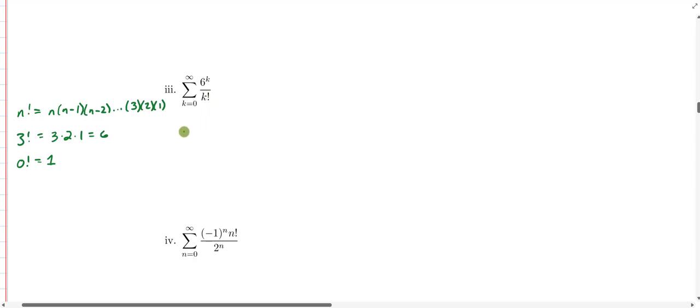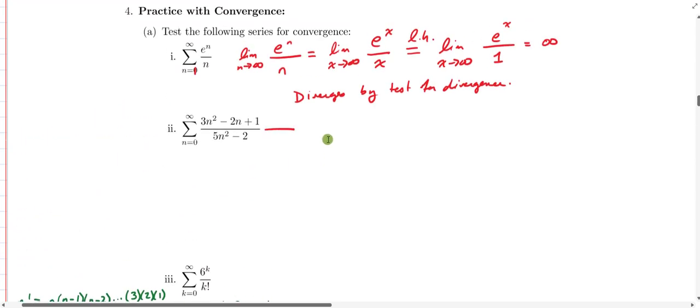The ratio test says what we're going to do is look at the limit as k goes to infinity of the ratio of the next term over the current term. So we will take a sub k plus 1 all over a sub k. We do that in absolute value, and we look to see whether or not this converges to a number smaller than 1 or not. So let's scroll up and see that.